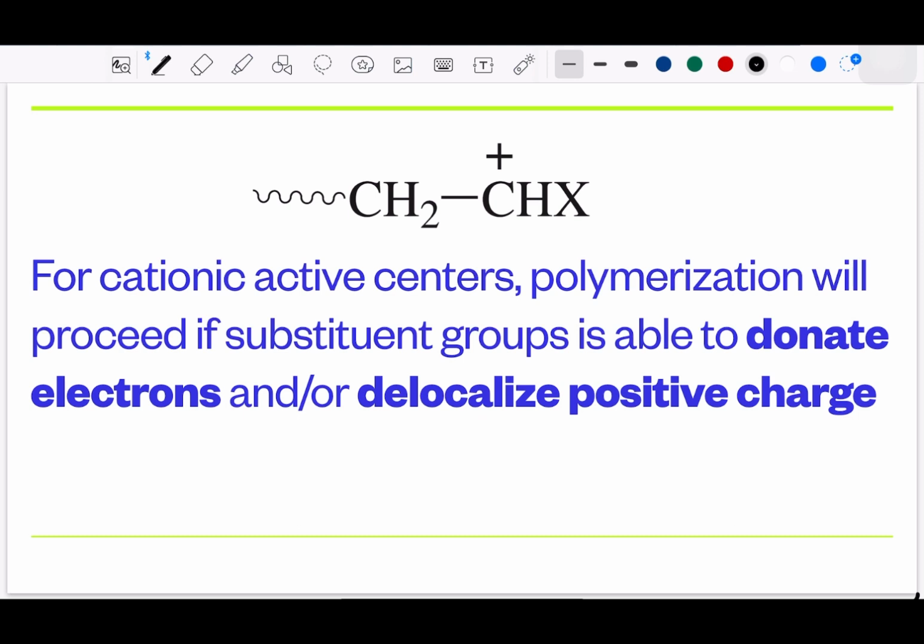Because it's a positive charge, it is easy for the substituent groups to donate electrons. Or we can say they delocalize the positive charge. Then we can see the polymerization. So remember, positive charge, then the groups need to donate electrons. So this will polymerize.